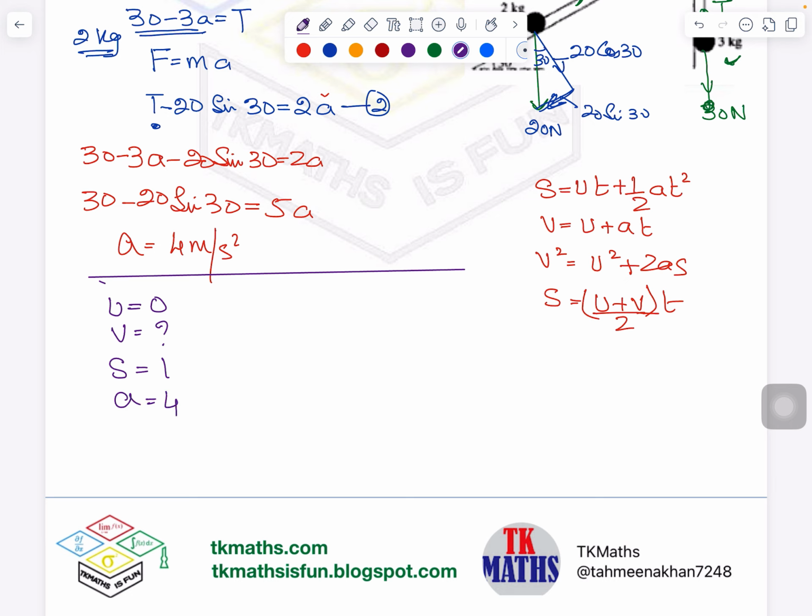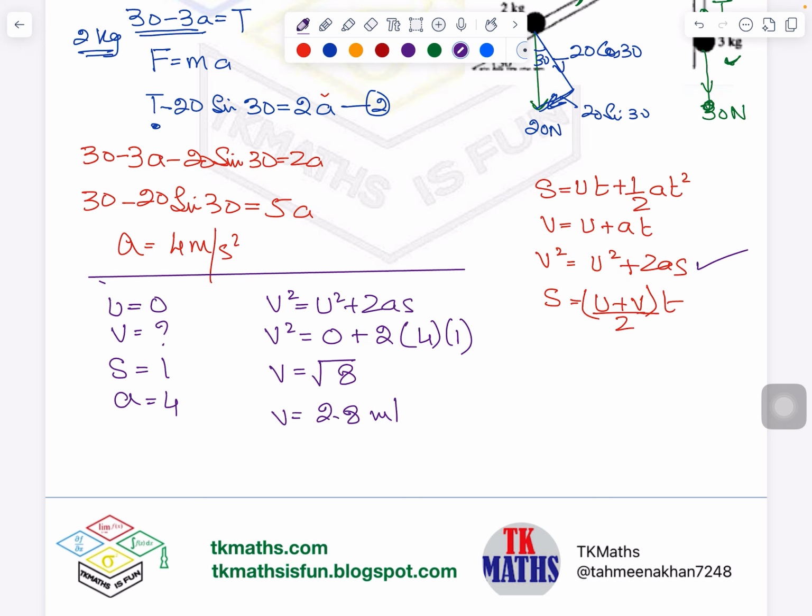So which formula out of these 4 do you think you can use? Absolutely right, we will use this formula. So v square is equal to u square plus 2as. V we have to find out. U is 0. So v is equal to root 8, which is equivalent to what? Calculator please. 2.8 meter per second.